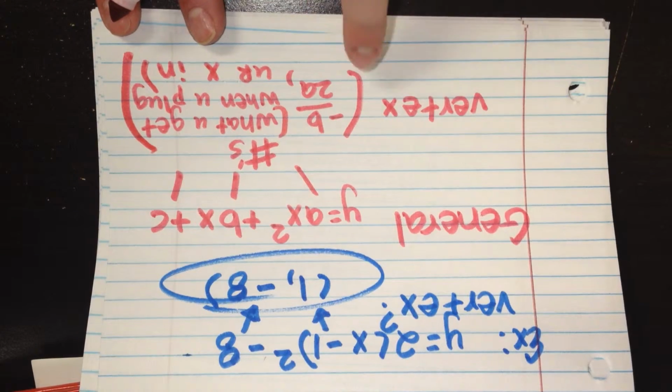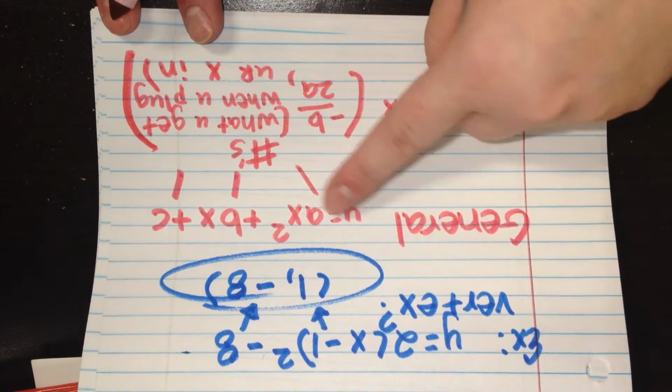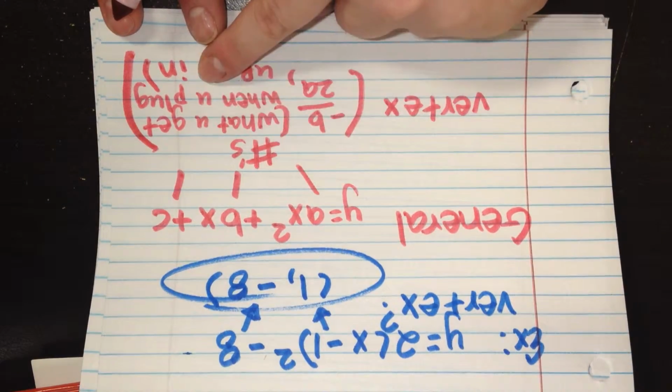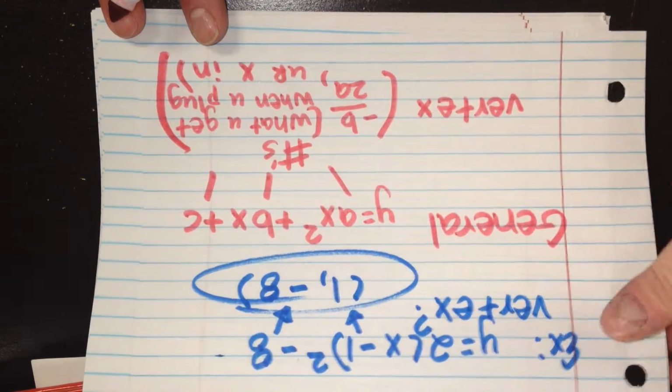So to get the vertex, we take your b, make it negative, divided by 2a. Then to get your y value, you take that negative b over 2a and plug it back into the equation.